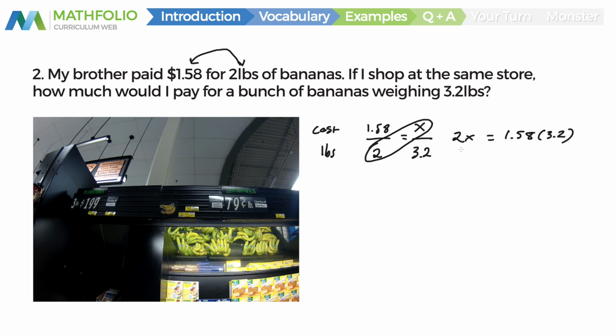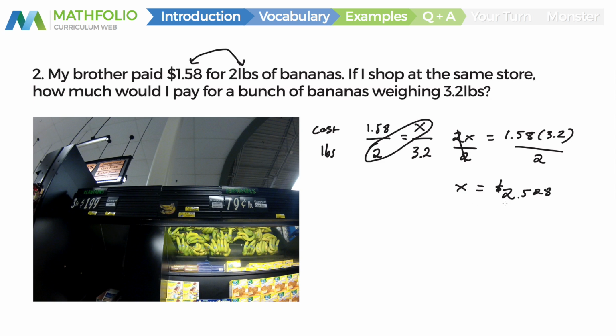And now to get the x on its own, we're going to divide by the 2. That kills off this. I'm going to put the divide by the 2 over here. So now x equals, if I do all the math, I got 1.58 times 3.2 divided by 2. So that gives me an answer of 2.528.